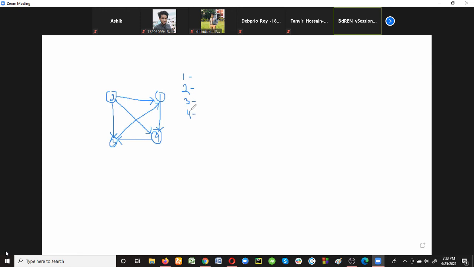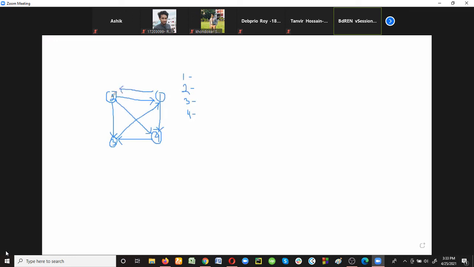Adjacency list means we have to find out for each of these nodes whether there are any adjacent nodes. So the first one is 1. How can we find out the adjacent node? If 1 is the starting node for any edge, then, suppose this edge, the direction is from 1 to 2.